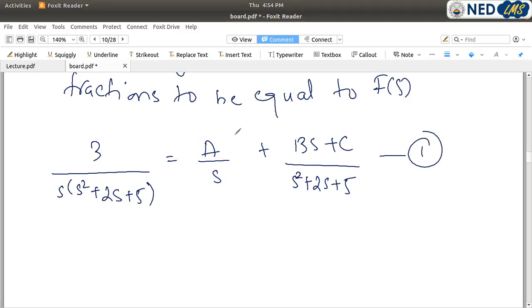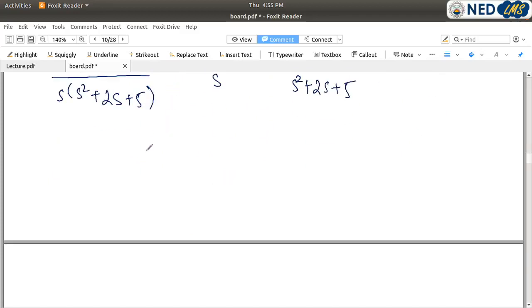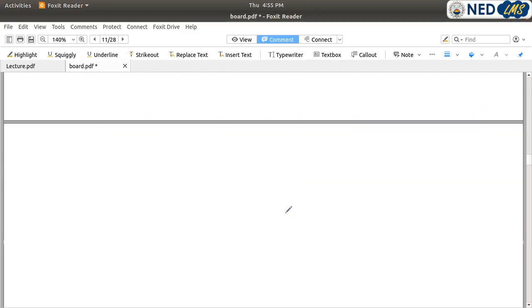Now, to find out the value of a, we will multiply this whole equation by s and then put s is equals to 0 in the resulting equation. Multiply equation 1 by s and then put s is equals to 0 in the resulting equation.